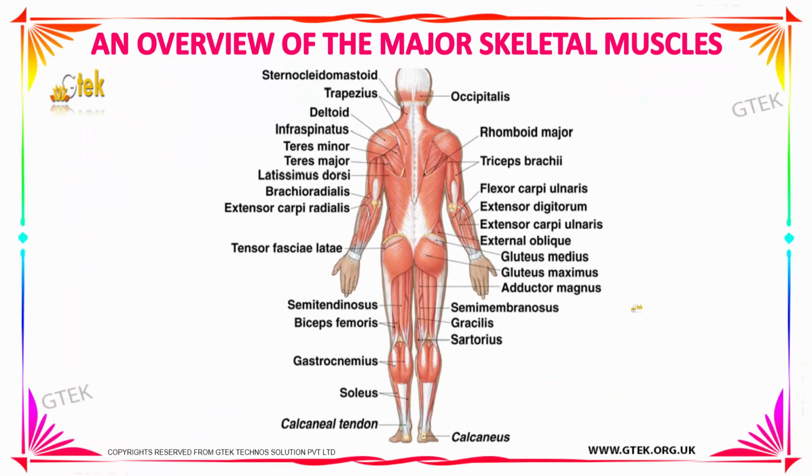This is the anterior view of a human muscular system. Next we have the posterior view of the human muscular system, which has the major muscles such as your rhomboid major, triceps, occipital muscles, soleus muscles, latissimus dorsi in the posterior view, deltoid muscle in the posterior view, and so on.